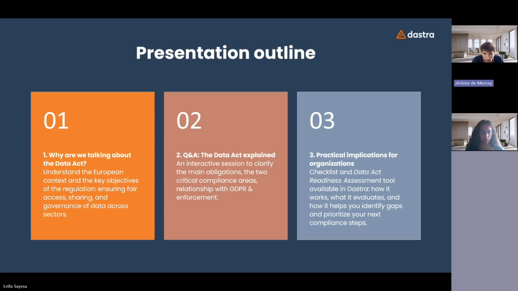The third point is to give you practical implications for businesses. We have made a checklist, and we will give you the content to help you know how to handle it right now in a practical way. We have also prepared a Data Act Readiness assessment tool.